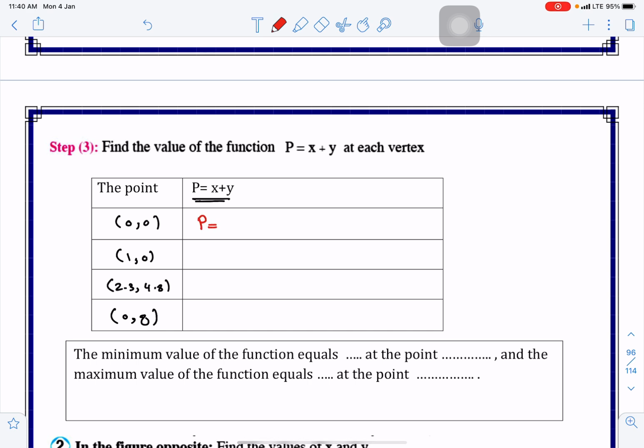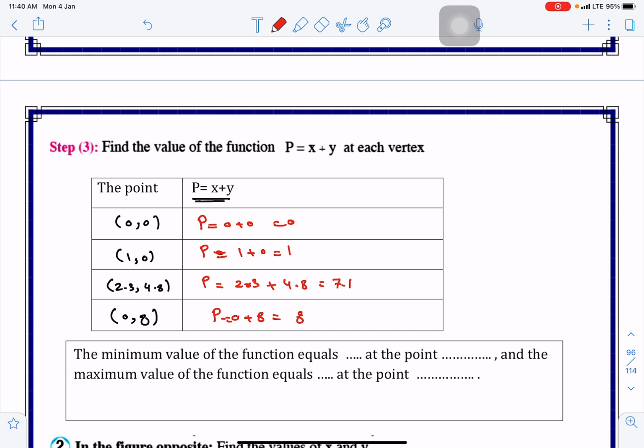B equal 0 plus 0 equal 0. Here B equal 1 plus 0 equal 1. B equal 2.3 plus 4.8 equal 7.1. B equal 0 plus 8 equal 8.